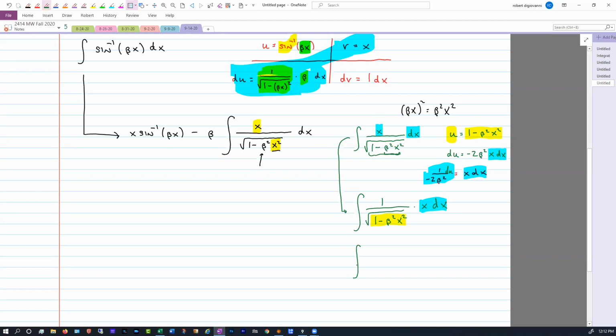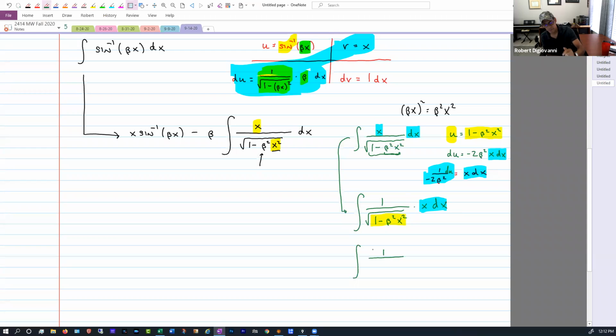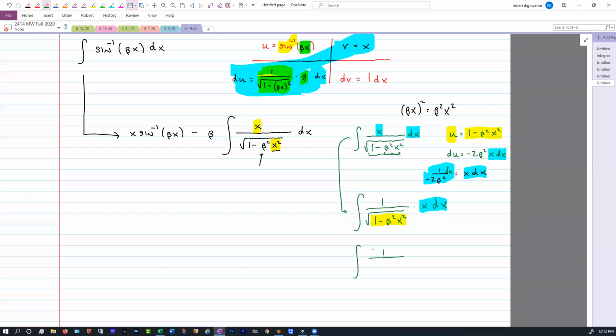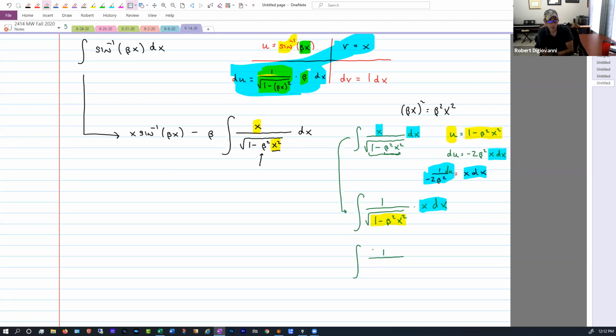Yes, a little bit. So let's just rewrite it. It'll become 1 over what, in terms of u? What are we replacing 1 minus beta squared x squared with? u.